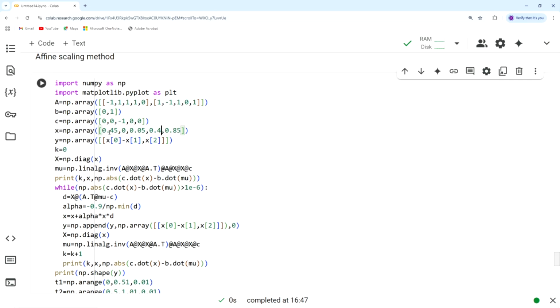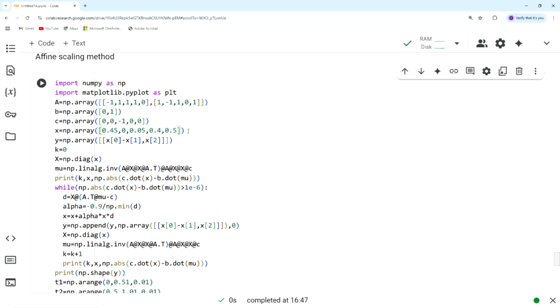When you do Ax, you have to get equal to B, you should not get less than B or greater than B, it has to be equal to B. So, make your x3 the vector in such a way that Ax is equal to B. When you do this, this has to be 0.5.